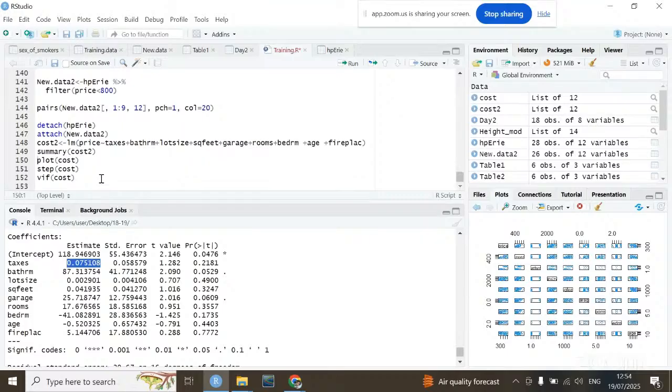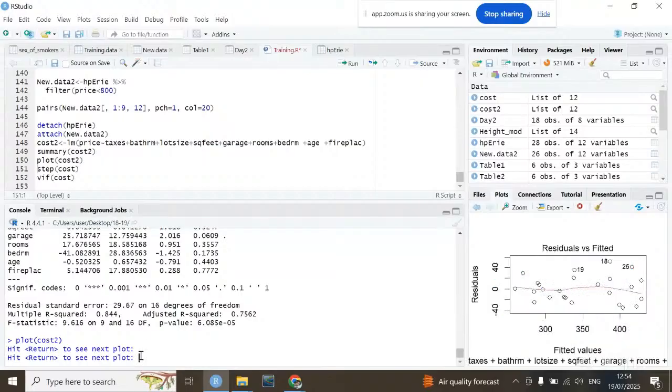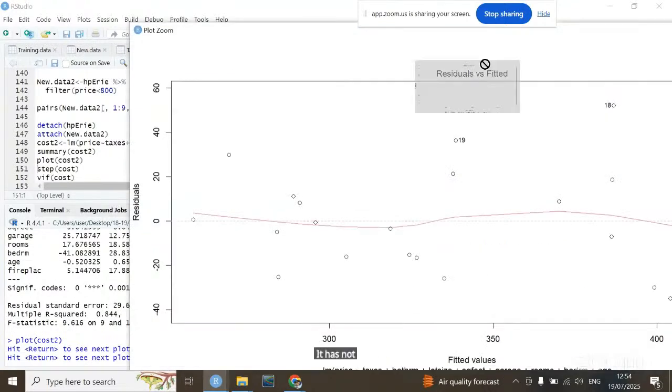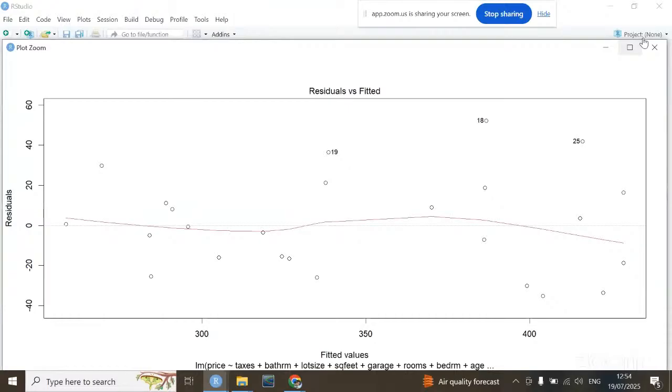Now we have even very little time. It has not changed this one much, but compared to the previous one, it has changed a bit.